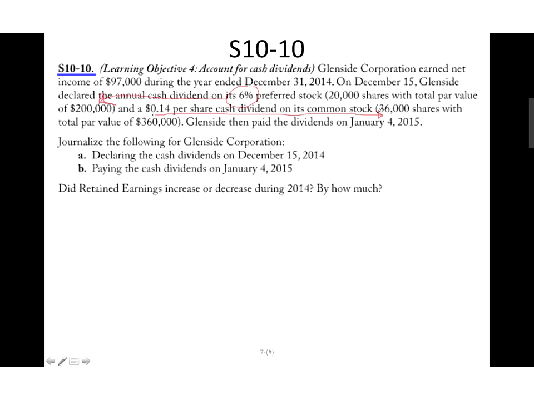So it's important to know that the calculation of a preferred stock dividend is a percent of its par value. The calculation of a common stock dividend is the amount per share times the number of shares. So they're calculated slightly different. Okay, so we need to write journal entries for declaring the dividends and paying the dividends.